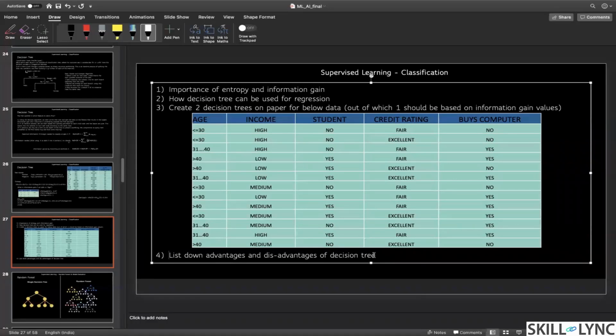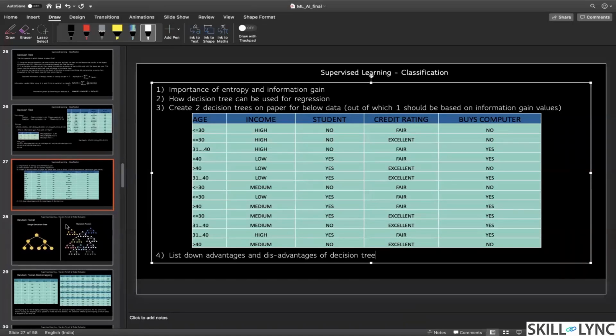Okay. Now the fourth question is list down the advantages and disadvantages of decision tree. You must be knowing what is the disadvantage of decision tree now. That it is more prone to underfitting or overfitting? Overfitting, right? So now to overcome this issue of overfitting, which you asked yesterday, where to stop, how to stop.